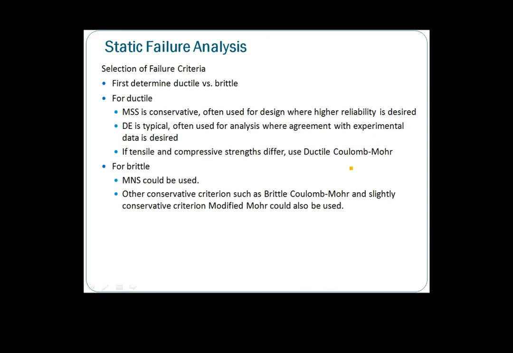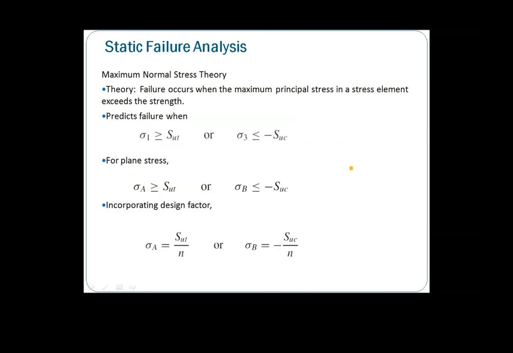If you have different strengths in tension and compression, then you can use the ductile Coulomb-Mohr. For brittle materials, maximum normal stress can be used, else you use Coulomb-Mohr or modified Mohr.